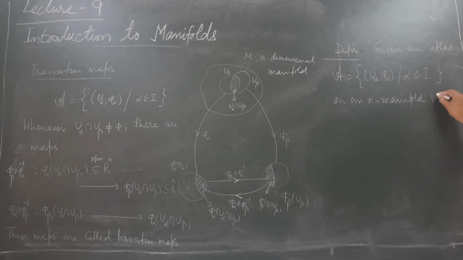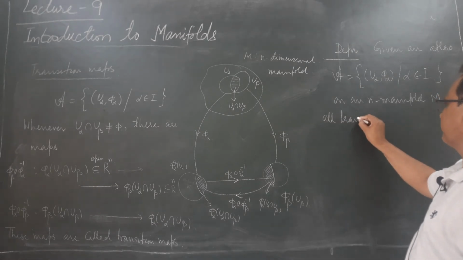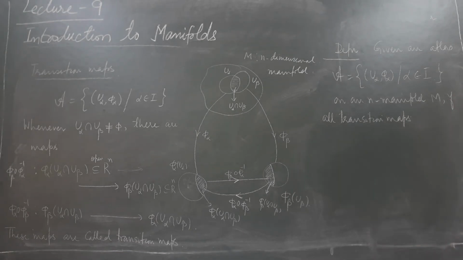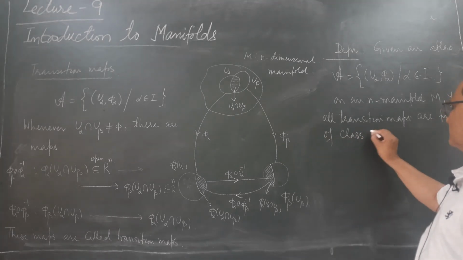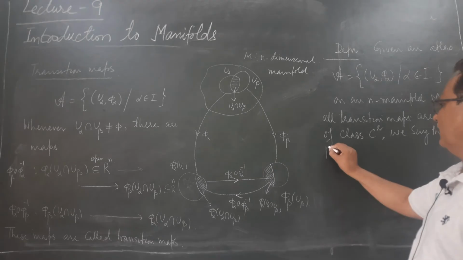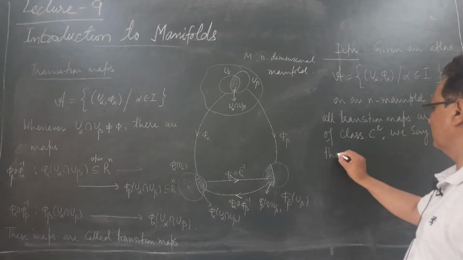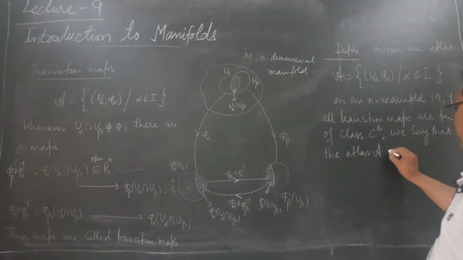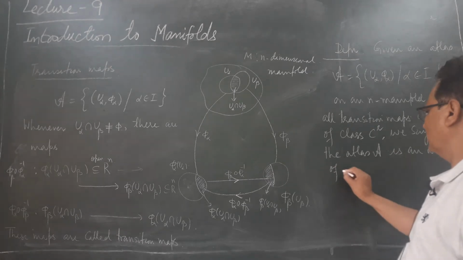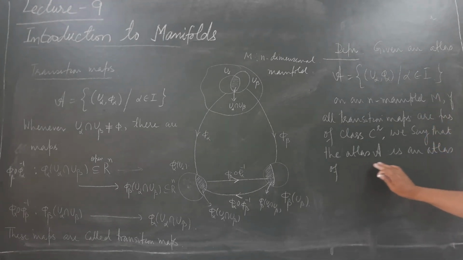On an n manifold M, if all transition maps are functions of class C^r, we say that the atlas A is an atlas of class C^r, is a differentiable atlas of class C^r. An atlas of class C^r also we can say.